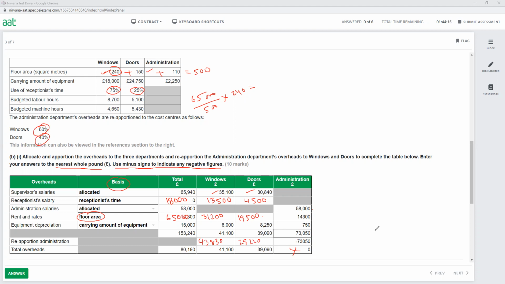And that's it. That's how we're going to complete this question. Every single reapportion question, you have to move all the service cost center or admin cost to the production cost center later on. All right, let's move to the next one.